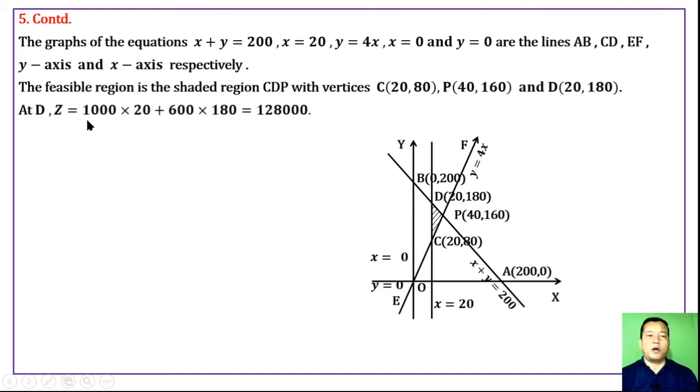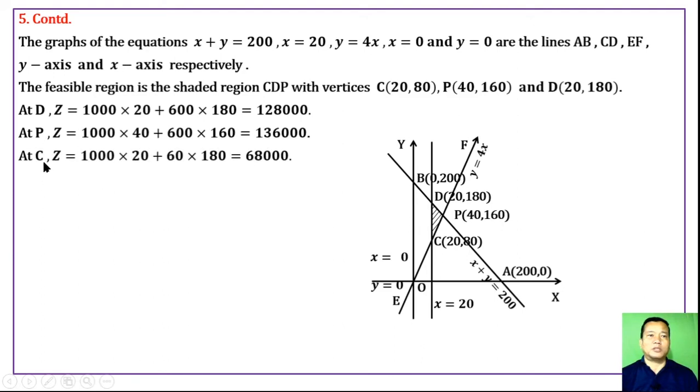At each vertex, find the value of z, the objective function. Comparing the values at D and C, the maximum is 1,36,000. Thus the maximum z is 13,600 at x equal to 40 and y equal to 160.